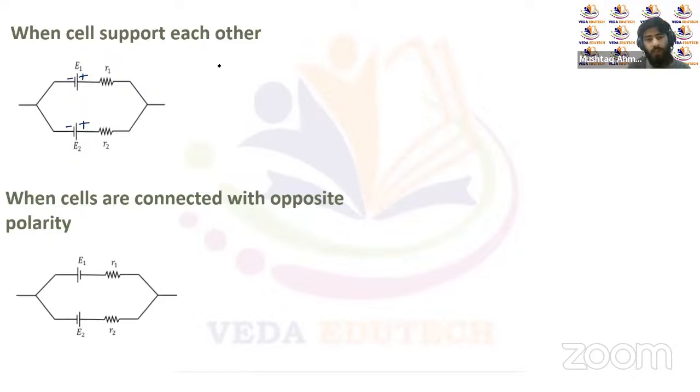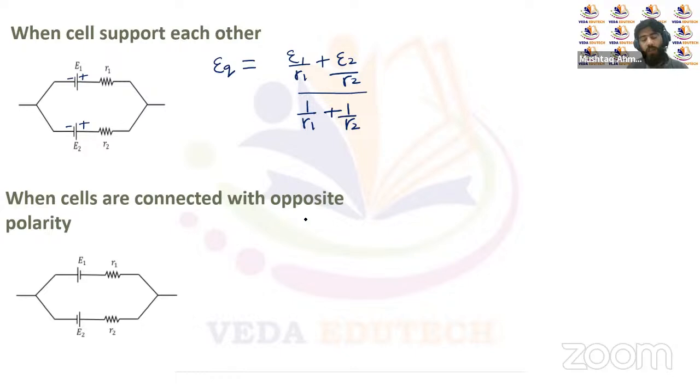Then in this case, the equivalent EMF will be equal to E1 over R1 plus E2 over R2, divided by 1 over R1 plus 1 over R2. So this will be the equivalent EMF supplied by these two batteries to the circuit.